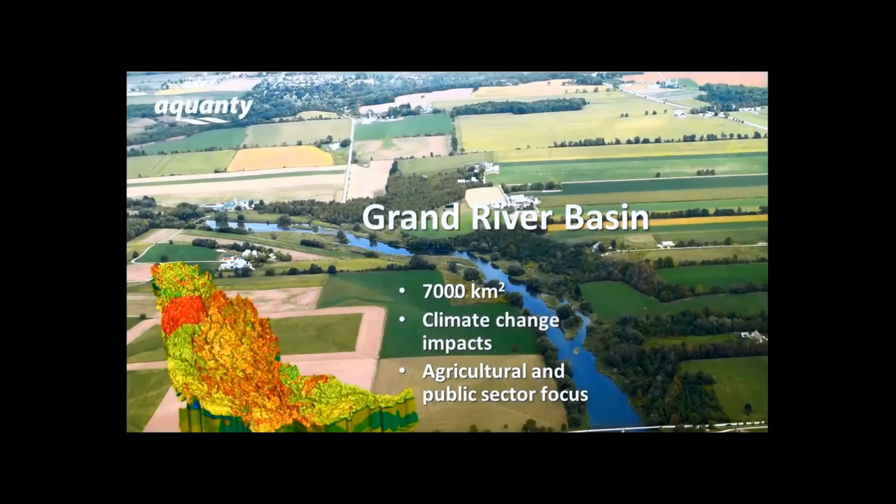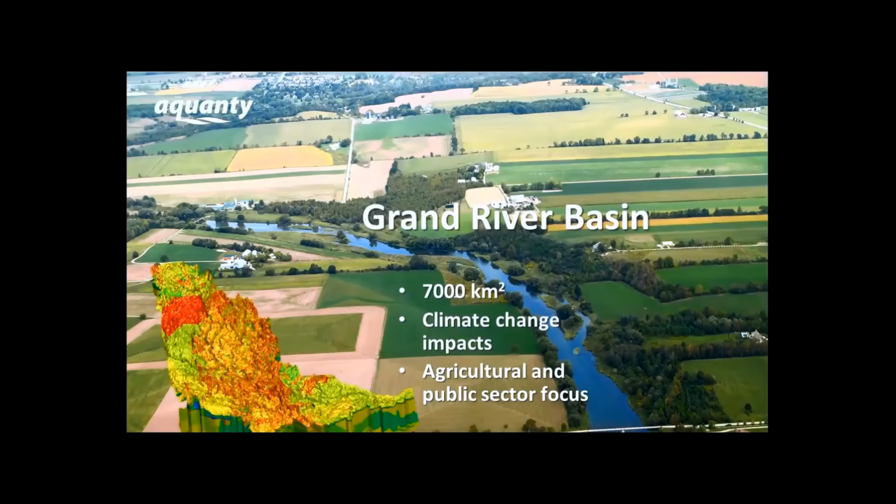So the first example we're going to look at is the model we built for the Grand River Basin here in southern Ontario, which is basically where Waterloo is centered. It's a 7,000 square kilometer watershed, and we built the original model to look at climate change impacts on water resources, both surface and groundwater resources within the basin.